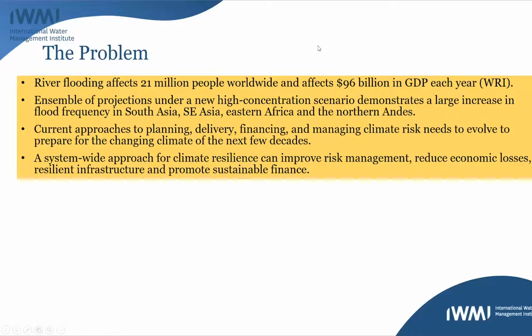So in a growing concern of climate risk happening globally, there are estimates coming from global agencies, including the WRI, World Resource Institute, which estimated about 21 million people are exposed to different degrees of flooding through the monsoon impact, and an annual over $100 billion in economic losses in GDP.